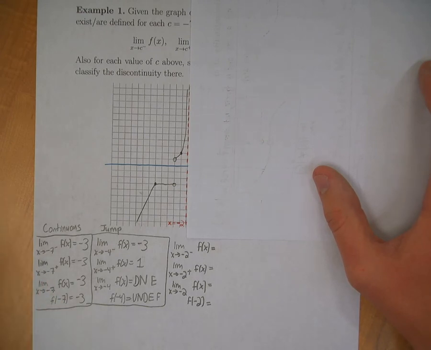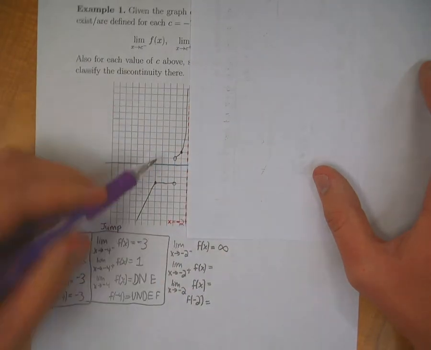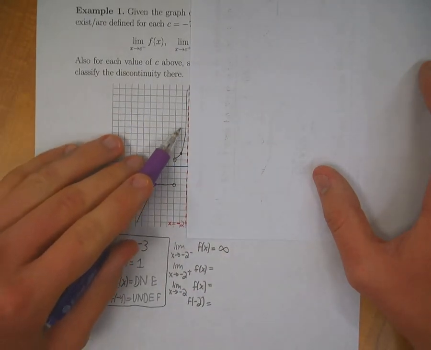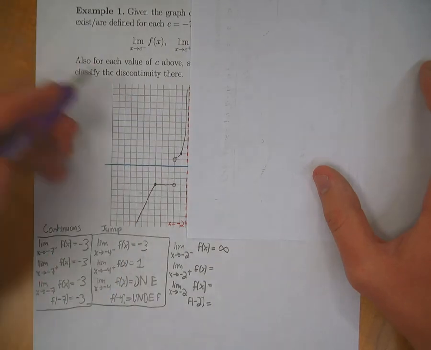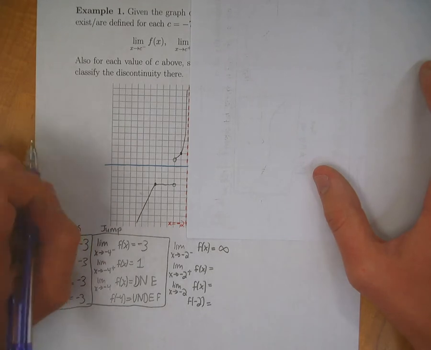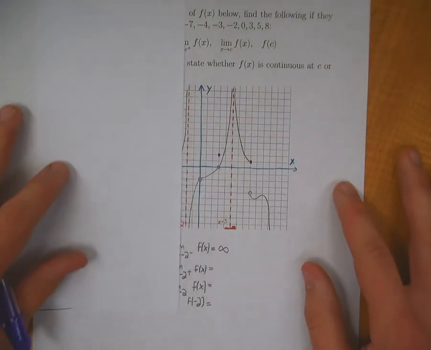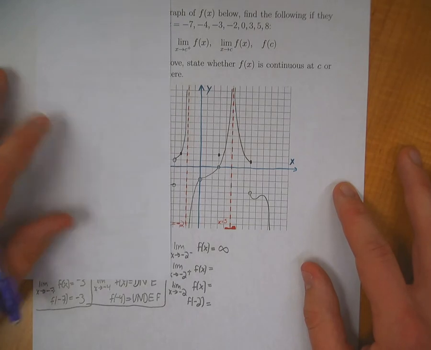Well, let's give someone else a chance. It would just be infinity, right? So in this case, it's not approaching a finite value. So the best thing we can say is it just shoots up to positive infinity. All right. Then what about the limit as x approaches -2 from the right?